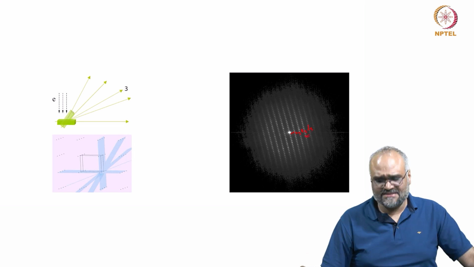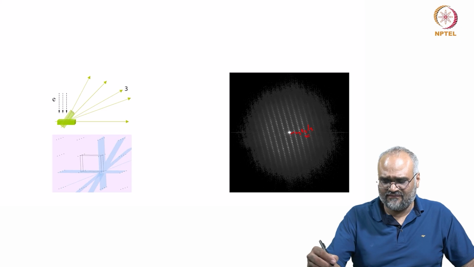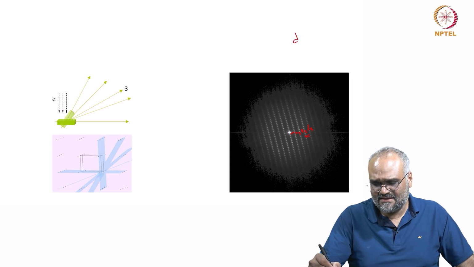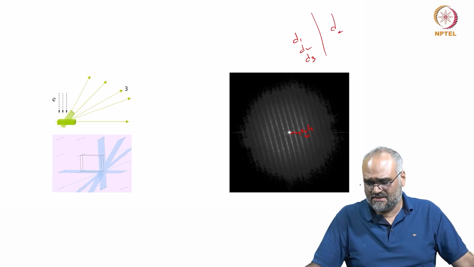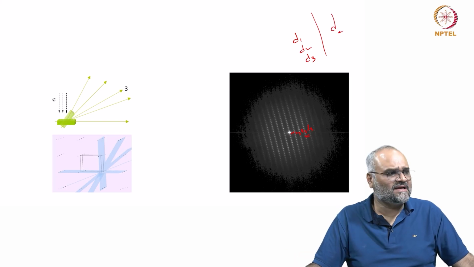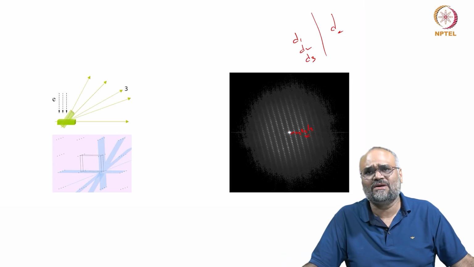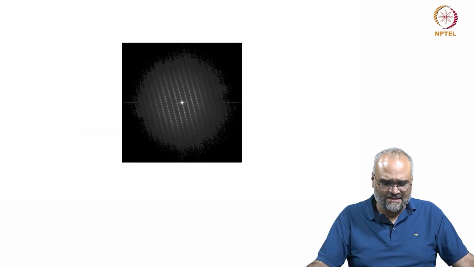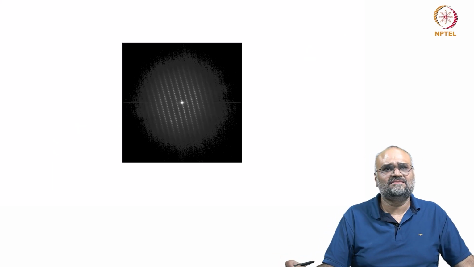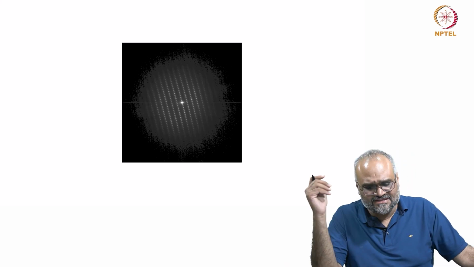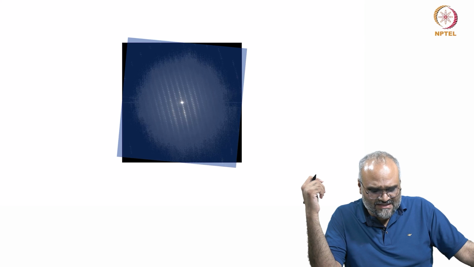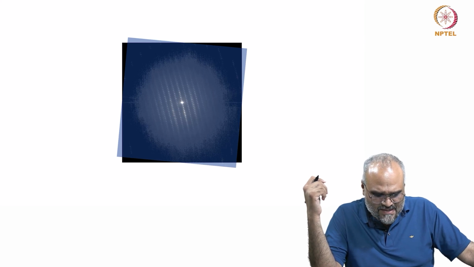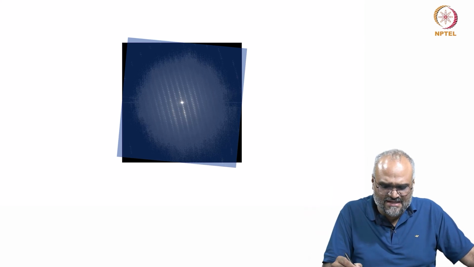From the set of these 3 diffraction patterns, I have measured D1, D2 and D3 with D remaining common. What I can then do is, if I overlay one pattern over the other, I would in principle get the third diffraction pattern which I saw over here like this, and on top of this, this would become the second diffraction pattern, which is colored in blue.